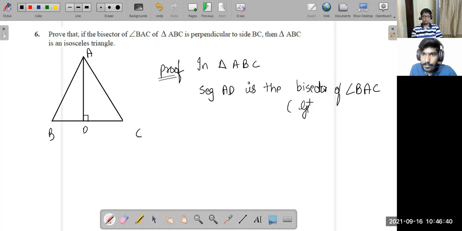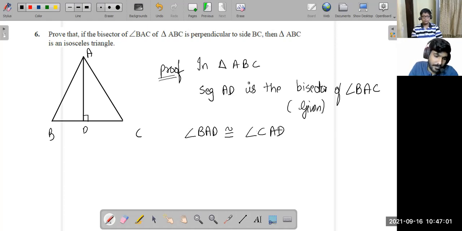This is given. AD is a bisector of angle BAC. This is given to you. Since it is a bisector, you have angle BAD congruent or equal to angle CAD. Is this clear? This you understood?